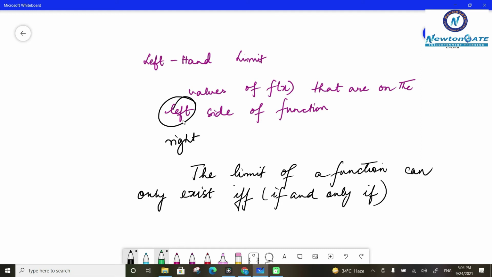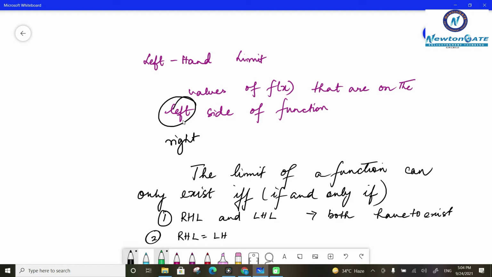first of all, left hand limit and right hand limit, I am writing in short, RHL and LHL, both have to exist. Okay, both have to exist, and not only exist, they also have to be equal. So RHL will be equal to LHL.